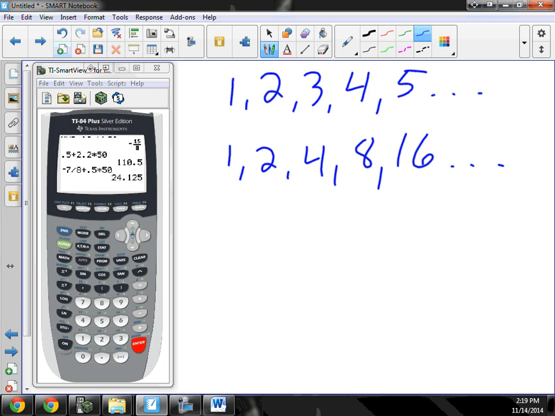So if you have a list of numbers that follows a linear pattern, we call that an arithmetic sequence. And yes, arithmetic is spelled exactly like arithmetic, but for some reason we say arithmetic. Don't know why. Go talk to the people who invented it. If a sequence is exponential, we call it geometric.